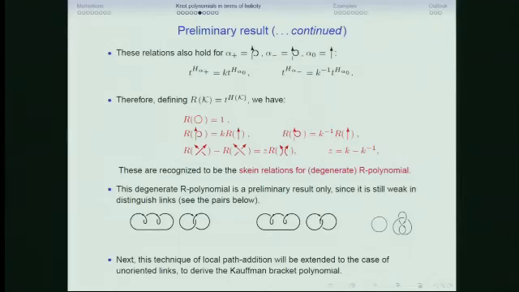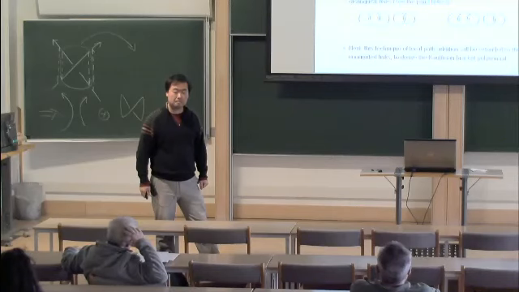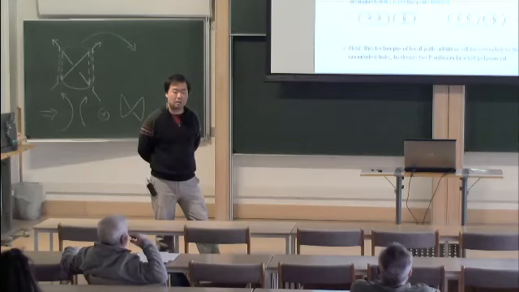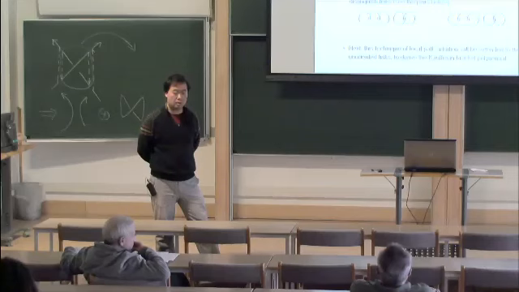Okay, so hold on a minute. It seems like your definition of helicity is basically the total signed crossing number of your diagram. Yeah. And what you've said is that if you take a positive crossing and you eliminate it, then that total signed crossing number goes down by 1.